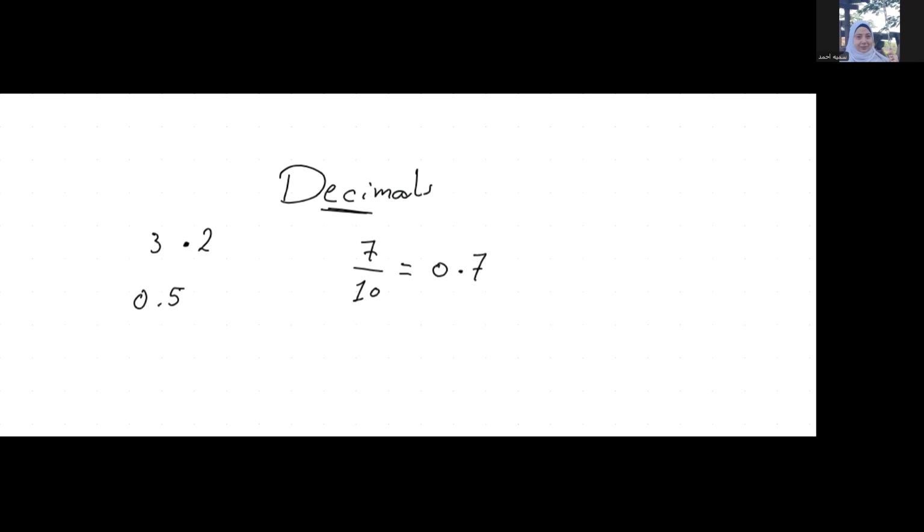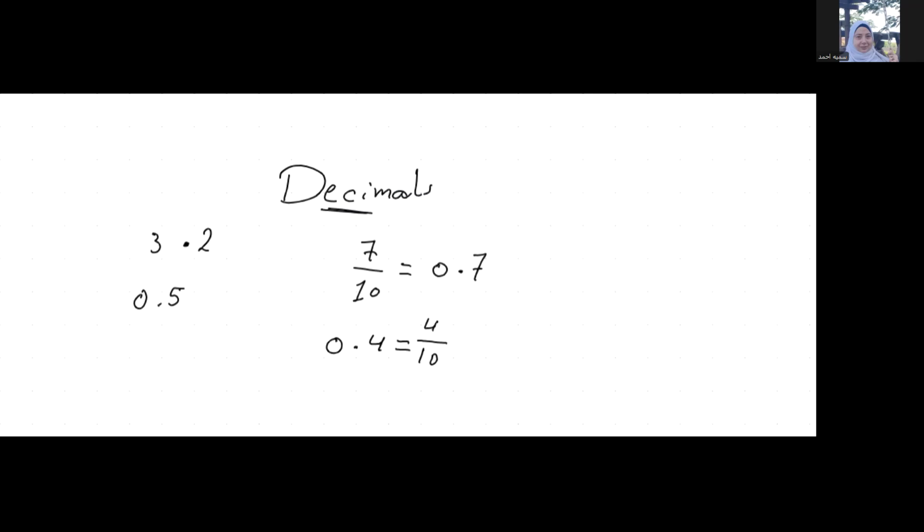If we have a decimal like 0.4, we can convert it into a fraction, 4/10. So if we have any fraction, we can convert it into a decimal, and the decimal we can convert into a fraction.